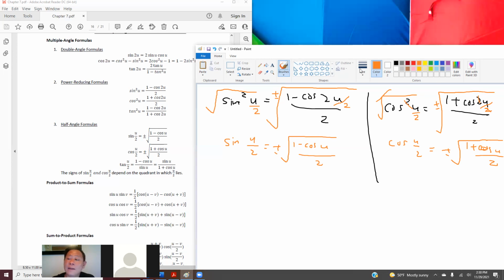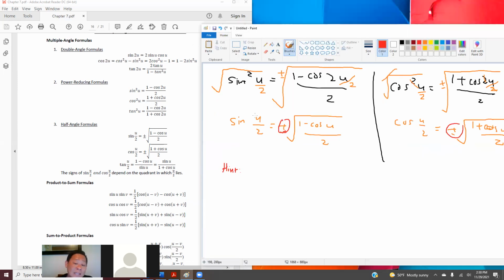Now, the hint down here is very, very important. Sine u over 2 and cosine u over 2 have this plus and minus symbol. This plus minus symbol actually depends on what quadrant u over 2 lies in.